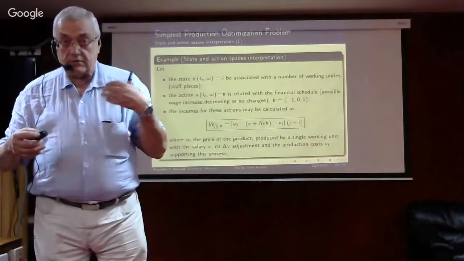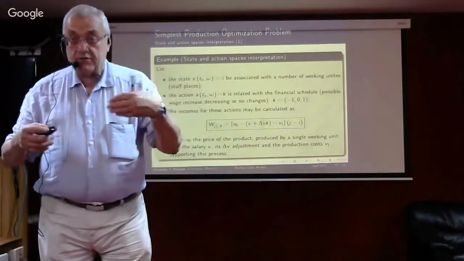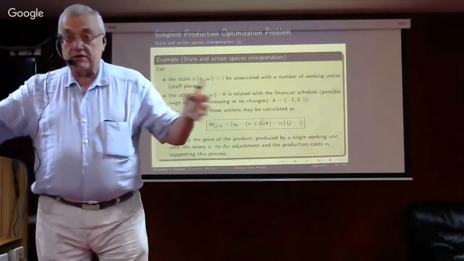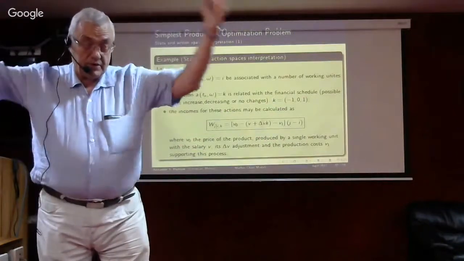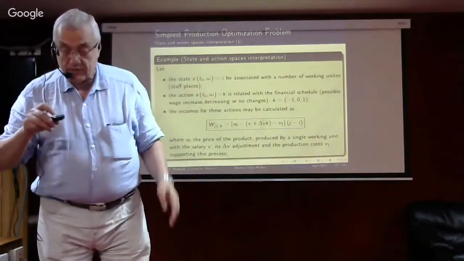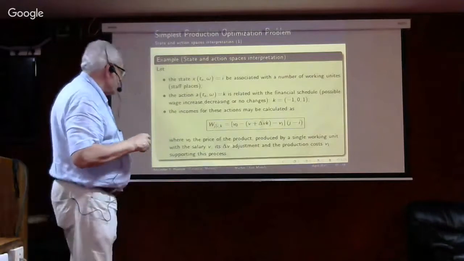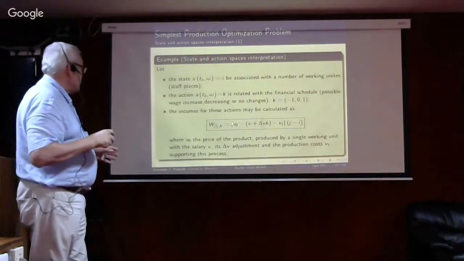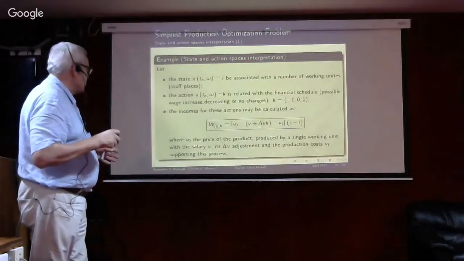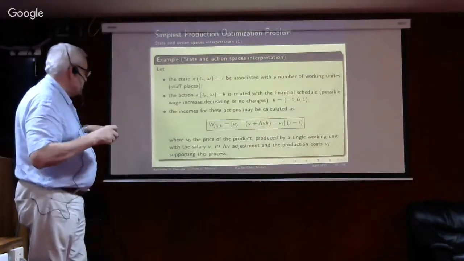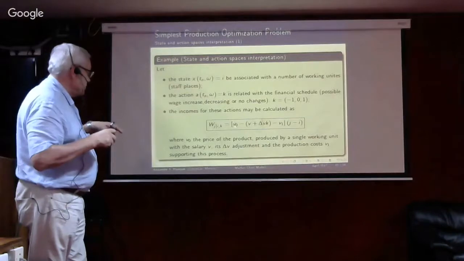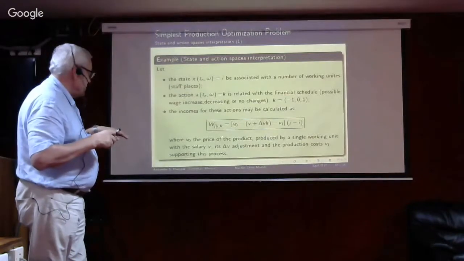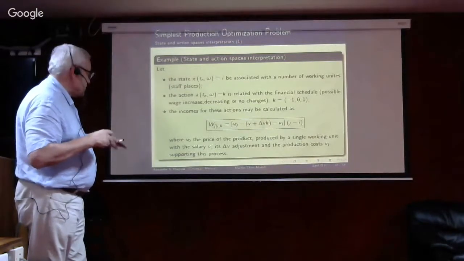But from the other side, we should pay more. We should pay for salary, we should pay for buildings, pay for everything. So in general, incomes are production minus salary.